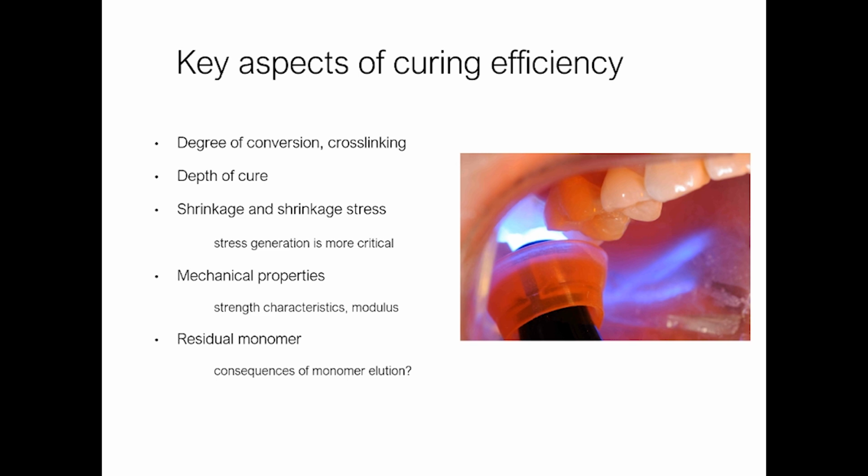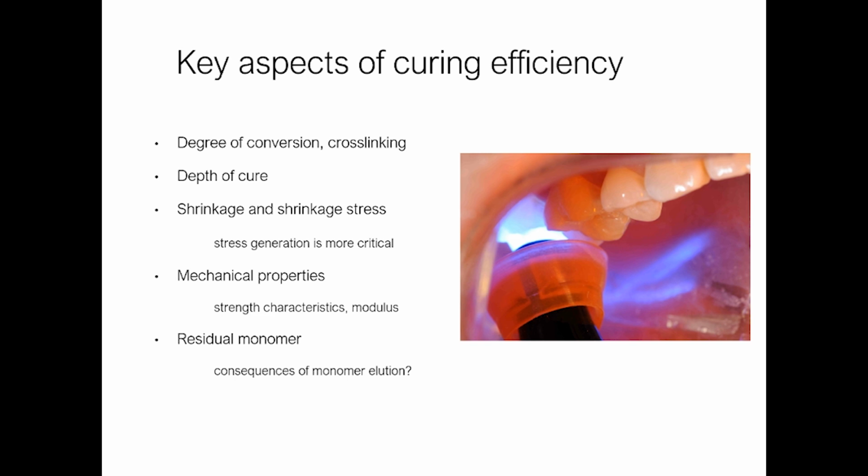The more cross-linking you have, the more effective the material is cured, then the higher the mechanical properties are going to be. So it's very important to optimize this stage in order to get the most out of the strength characteristics and stiffness of the material itself.